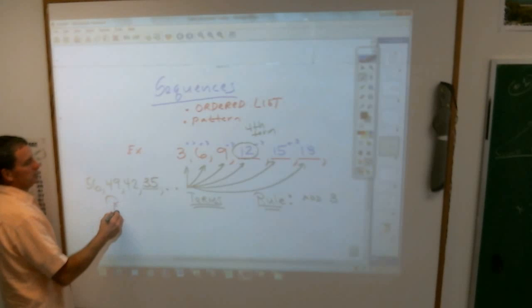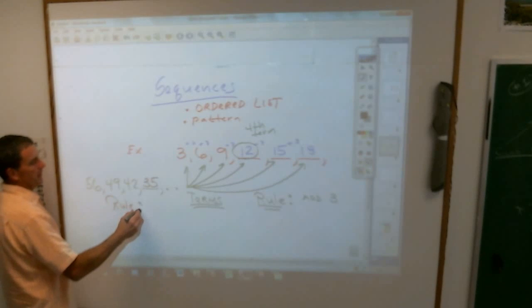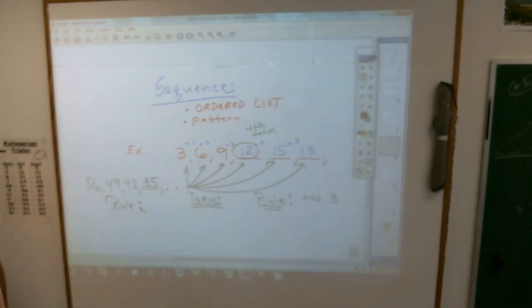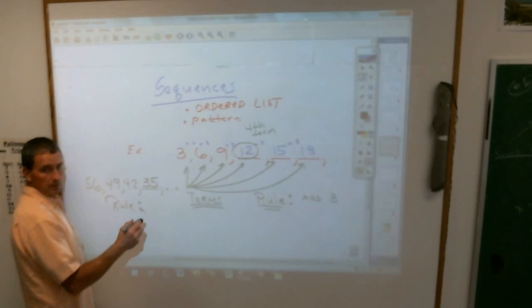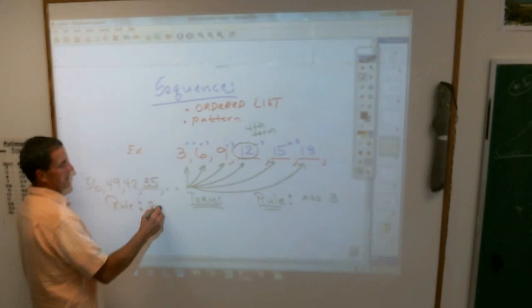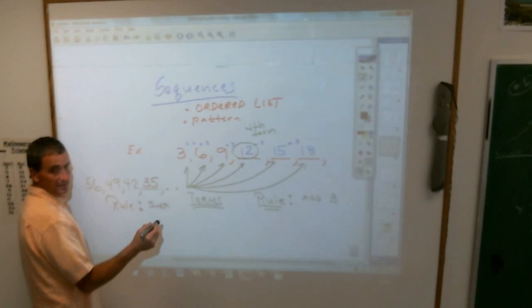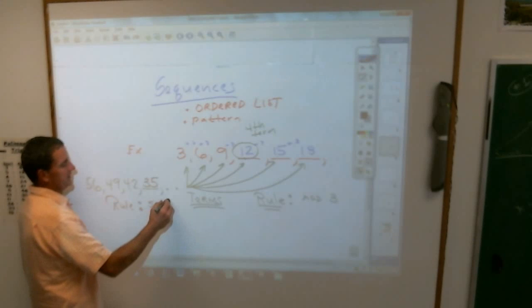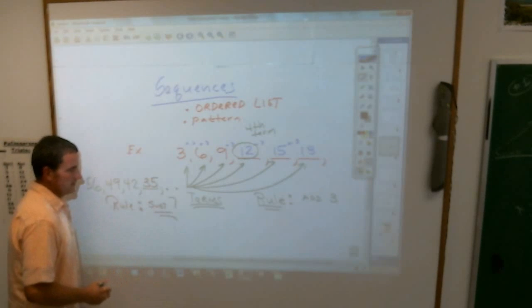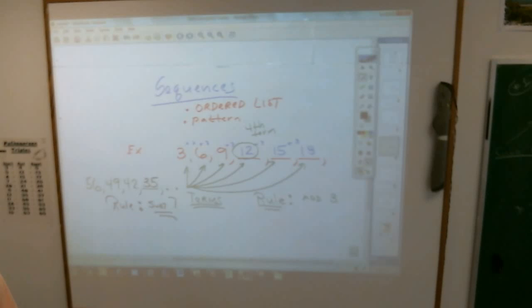And then if I asked you what the rule is of that sequence, what are you doing between one term to the other term, Sophia? Minus. Yeah, subtracting what? What number are we taking away? 7. Subtracting 7, yeah. Subtract 7 every time.